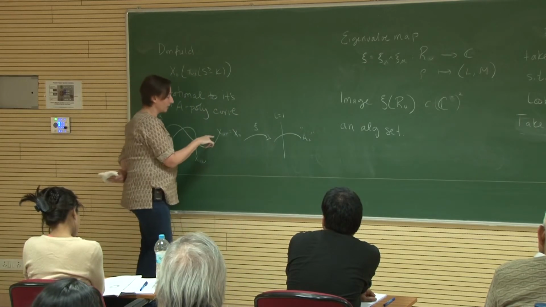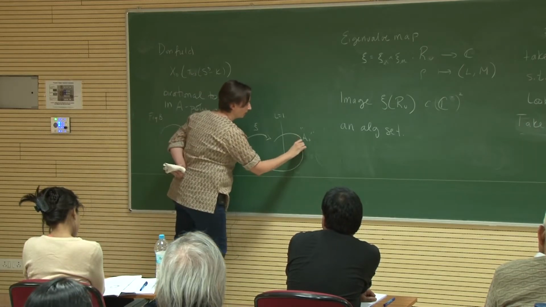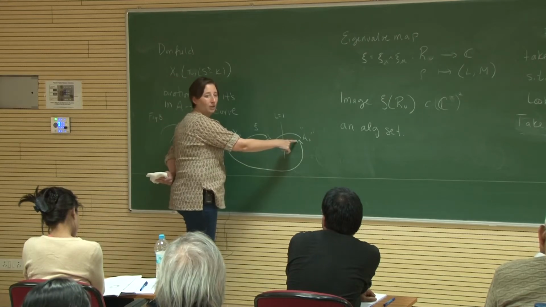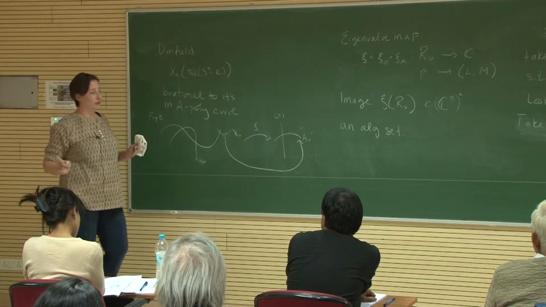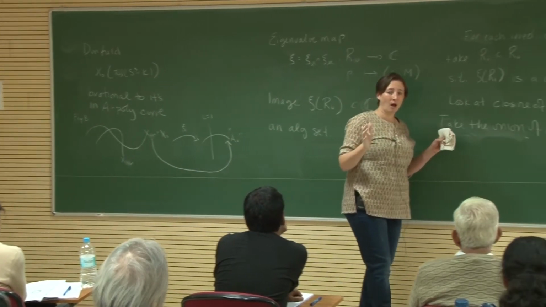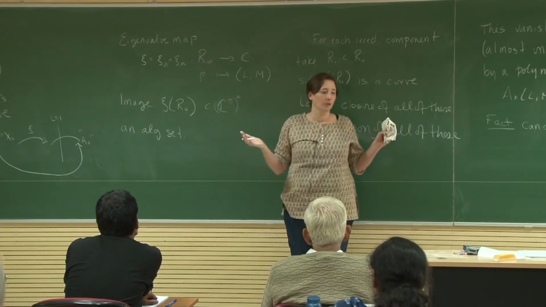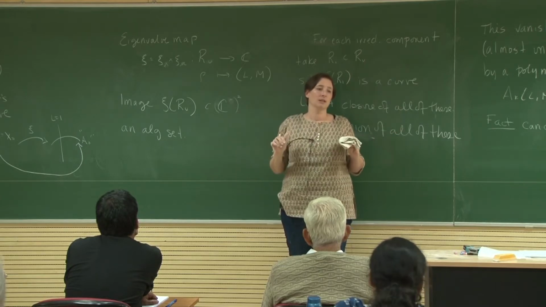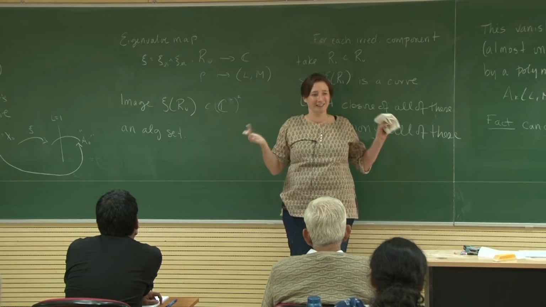And the theorem is that this map that sends the irreducibles to the A polynomial is a birational map. So if you're not an algebraic geometer, just think it's an isomorphism up to a finite number of points. Okay, so it's essentially an isomorphism. If you want to take projective closures, then they look the same. If you want to smooth and take projective closures, then they look exactly the same.